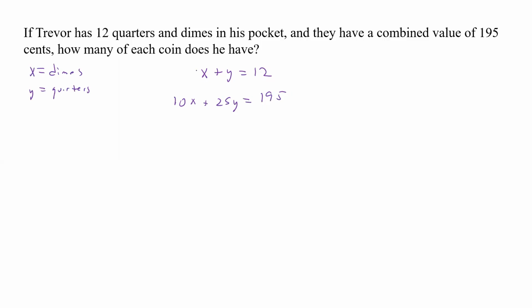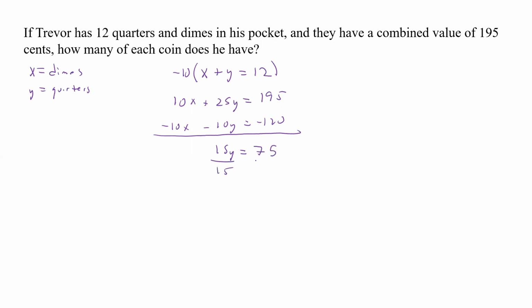Well, we can multiply the top one times a negative 10, and then we get a negative 10x, and then a minus 10y, and then minus 120. Well, those cancel, and then 25 minus 10 is 15y equals 75.